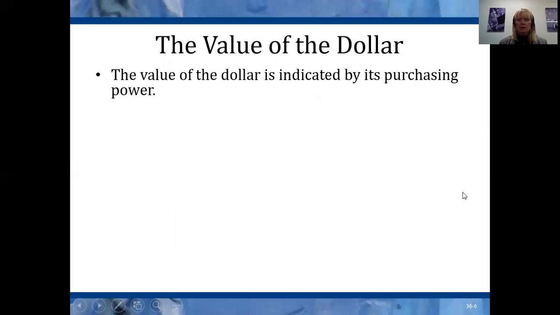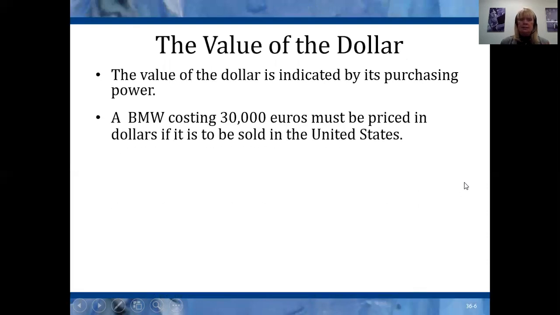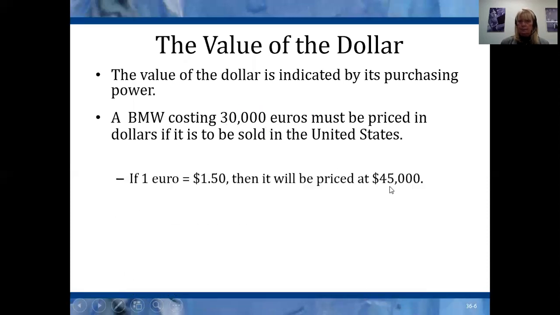So the value of the dollar is indicated by its purchasing power. Let's look at this example. A BMW costs 30,000 euros. But if it's going to be sold in the US at a US dealership, it's priced in US dollars. But ultimately, this 30,000 euros has to be paid in euros.